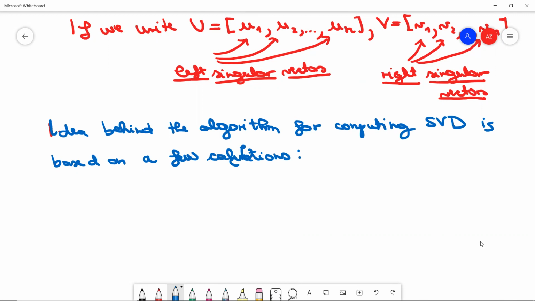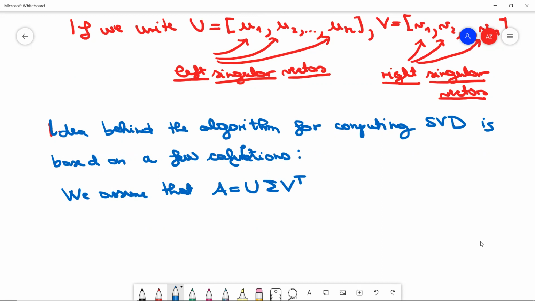So first, let's compute A transpose A. So here we will assume that A is equal to U sigma V transpose. We don't have U, sigma and V transpose yet.